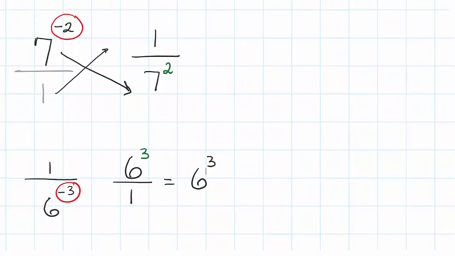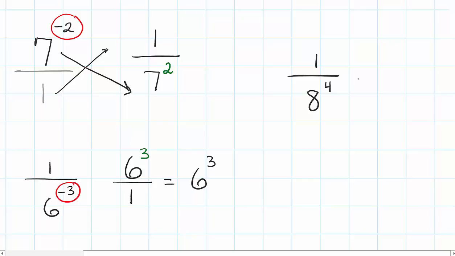Alright, let's see what happens if we started with a positive exponent and for some reason we wanted to make it negative. If I start with 1 over 8 to the 4th, and for some reason I want to make this exponent negative, I've got to take the reciprocal of the fraction. I want to get rid of the fraction. What does this look like when it's not a fraction?